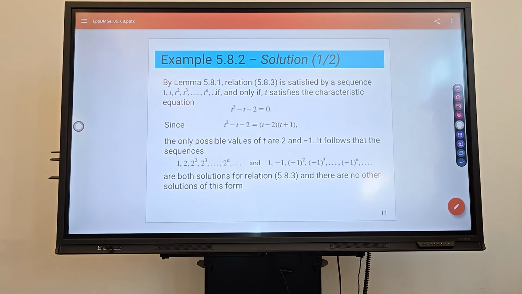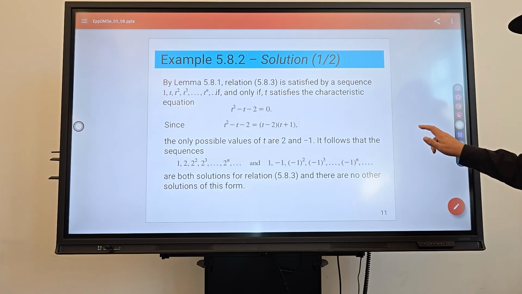It follows that the sequences 1, 2, 2 squared, 2 cubed, etc., 2 to the n, and 1, minus 1, minus 1 squared, minus 1 cubed, etc., are both solutions for the relation, and there are no other solutions of this form.